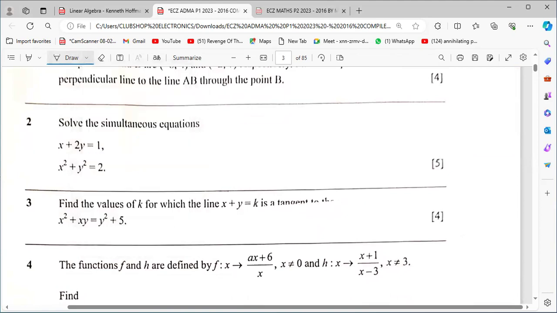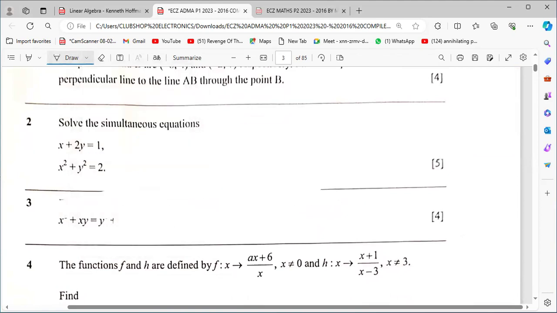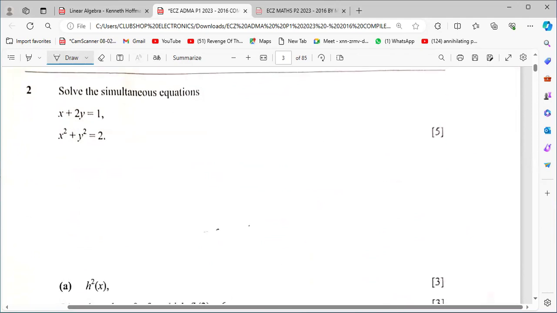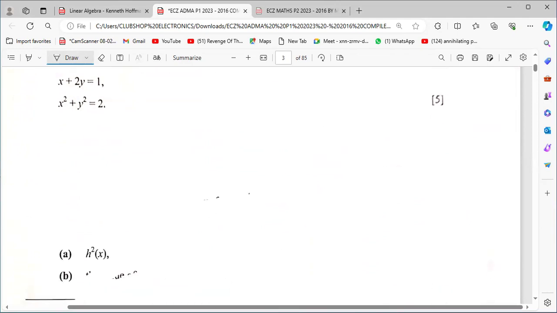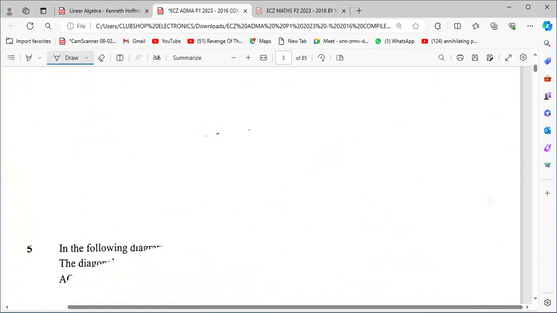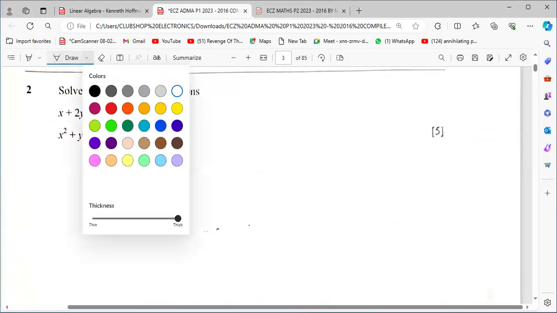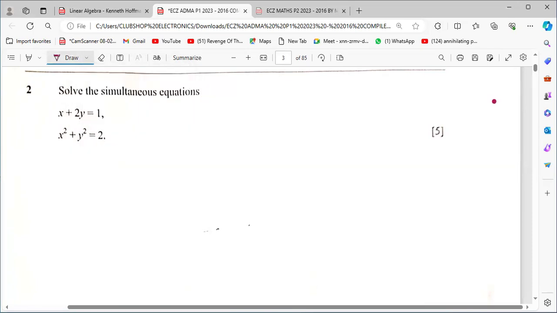So I need to create space, so I'll get rid of this. Okay.